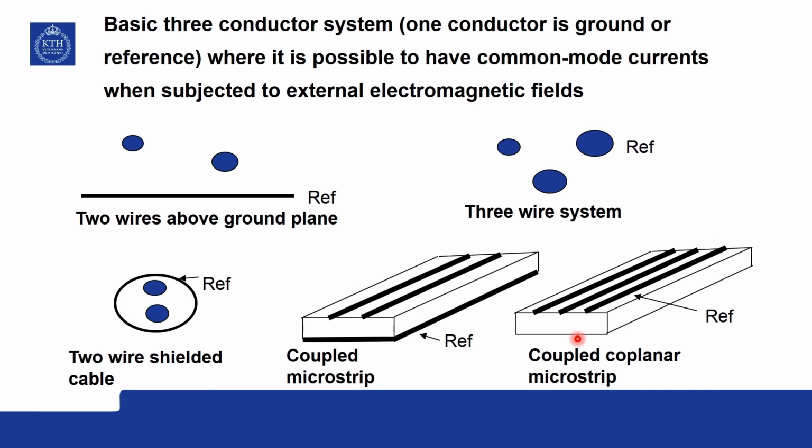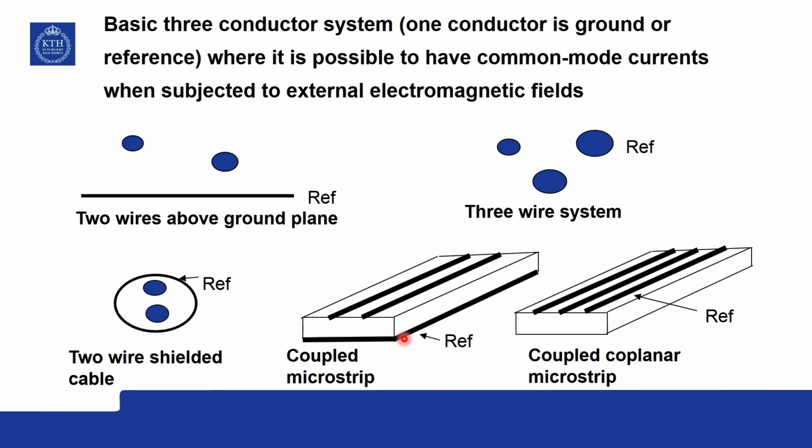Now, this type of common mode current can be produced in any 3 conductor system when subjected to external fields. So, they are very common. For example, 2 wires above a ground plane, a 3 wire conductor system, it can be a 2 wire shielded cable, or a coupled strip or a coupled coplanar microstrip.